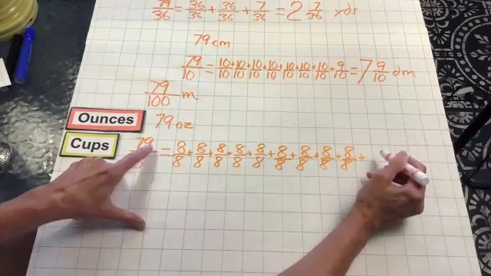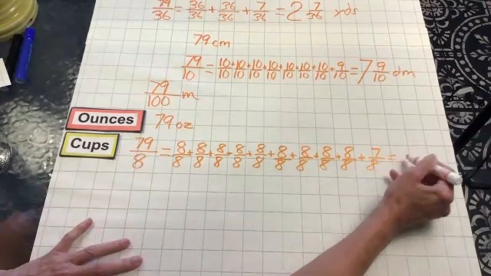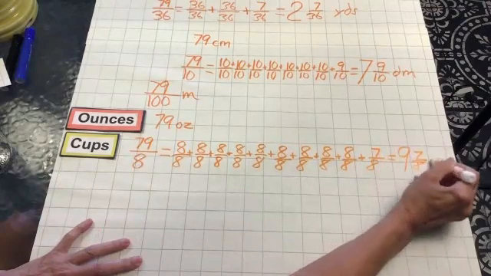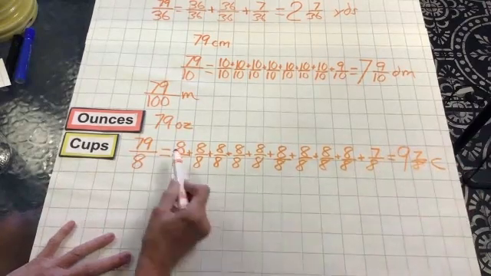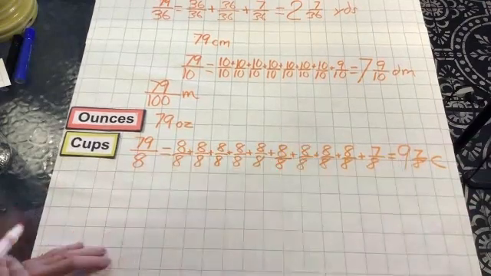And 72 from 79 leaves 7. So we have 9 and 7 eighths cups.